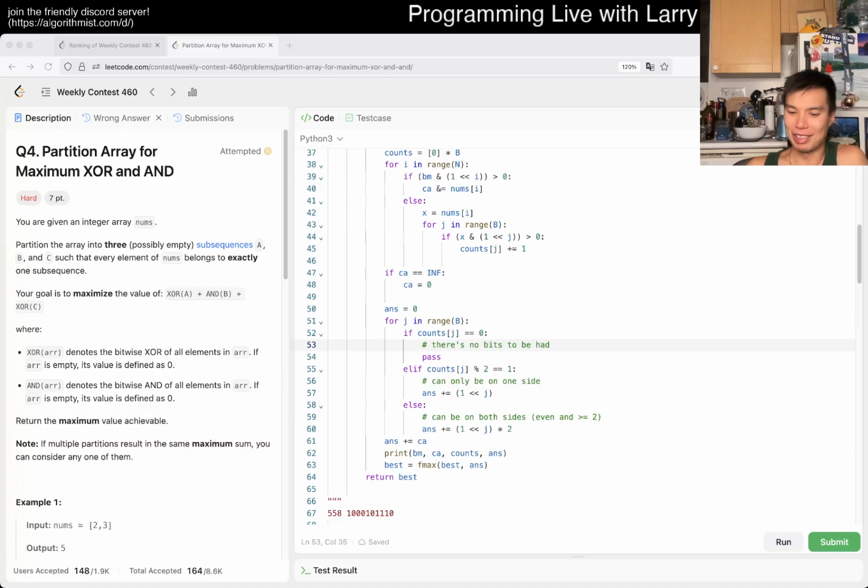I'm trying to think whether there's a simplex-type optimization problem that I'm trying to rephrase it into. But maybe not. Oh, probably not. I don't know.